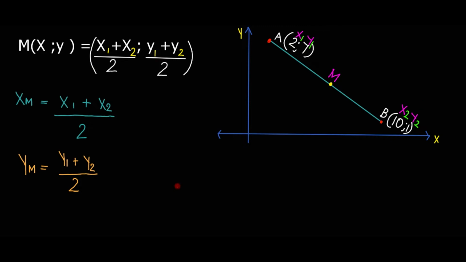Because we know that coordinates go in terms of x and y, we expect the coordinates of M to be x and then the other to be y.